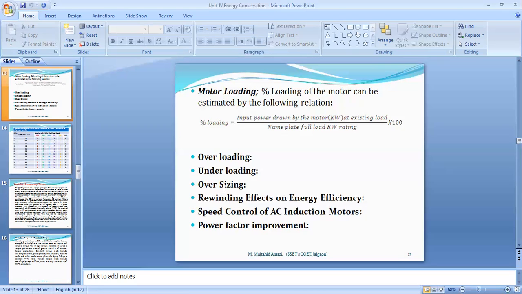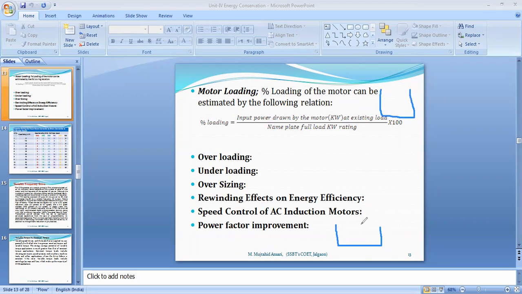Many of the motors are oversized, where it is not necessary to install a 10 HP motor, only 7.5 HP is okay, or it may be 5 HP is okay. So there are oversized motors in many industries. I will give an example. Suppose there is a water tank, and a second water tank or some fluid.